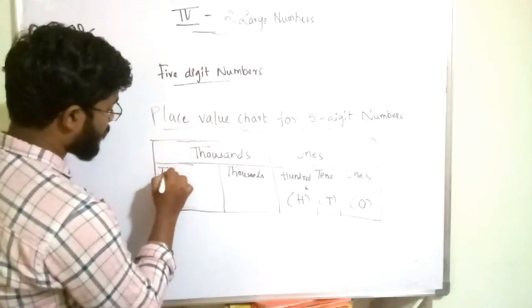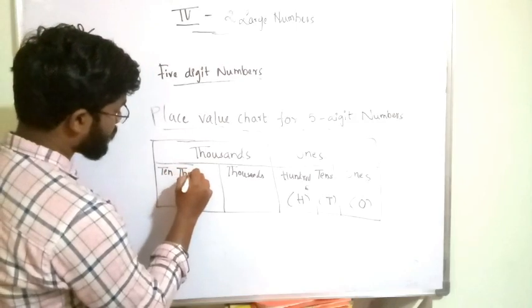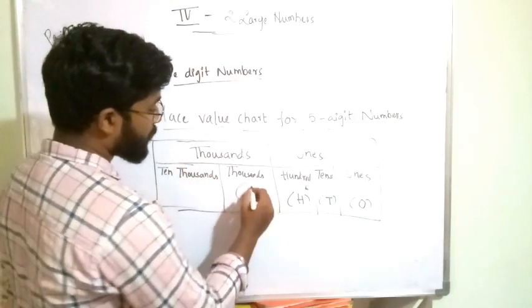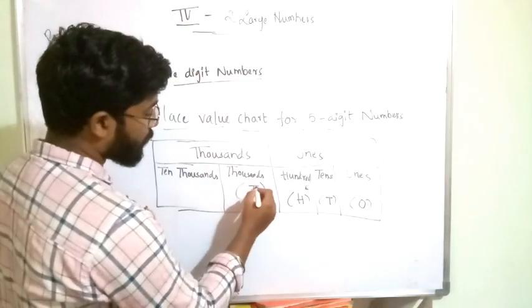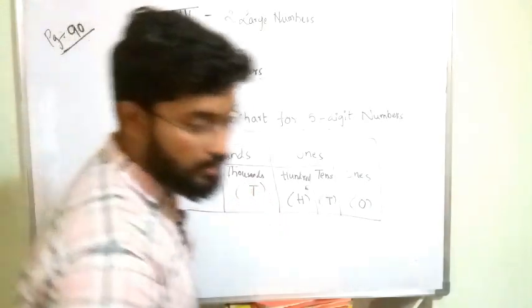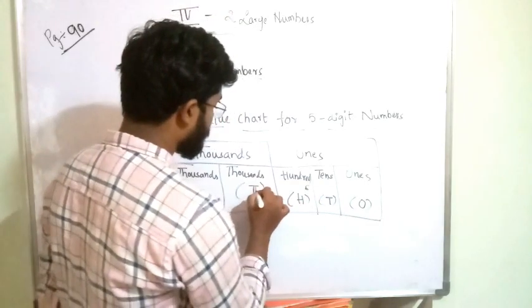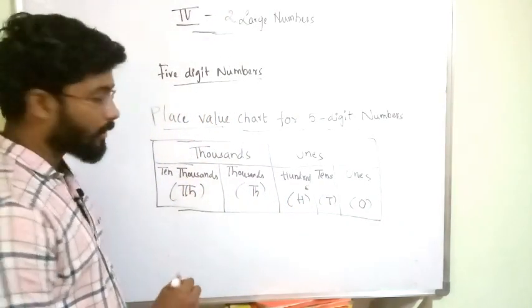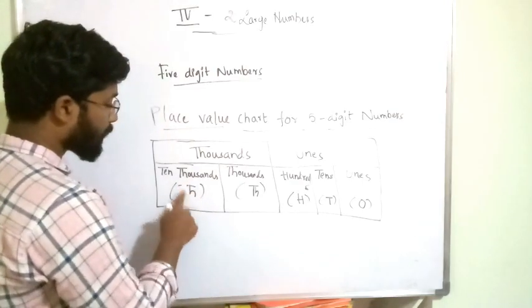So thousands, will you write it with T or TH? TH. So 10,000s is TTH. We will represent it with TTH, double T and H.